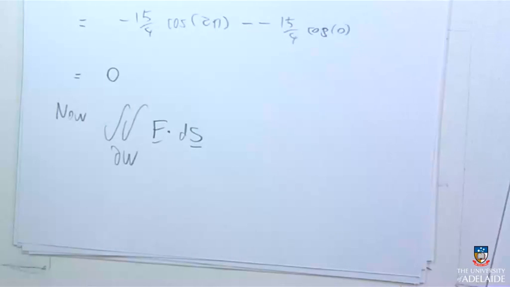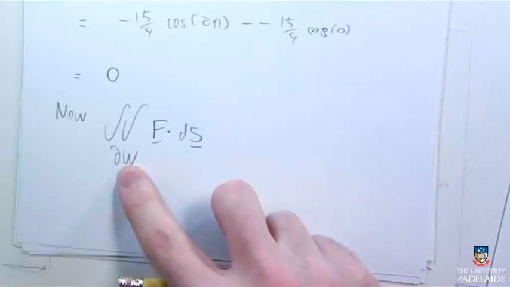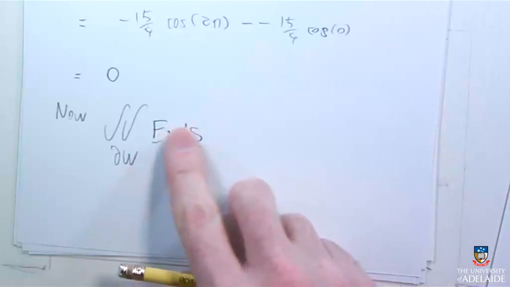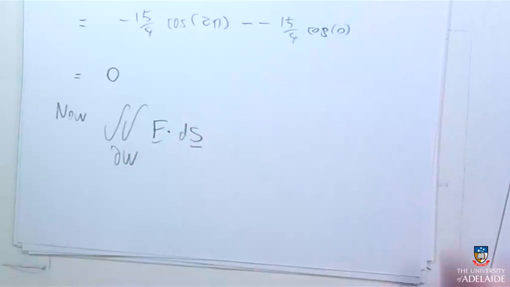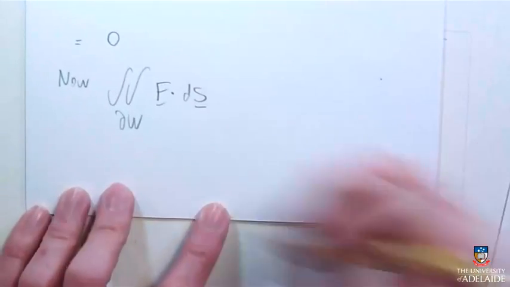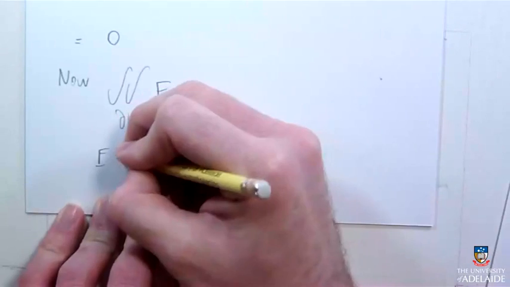So same deal. We're going to have to figure out what each of the pieces in this mean. We need to know what the boundary is, we need to know what the function is, we need to know what dS is. So I know what my function is, we were told that right at the beginning.